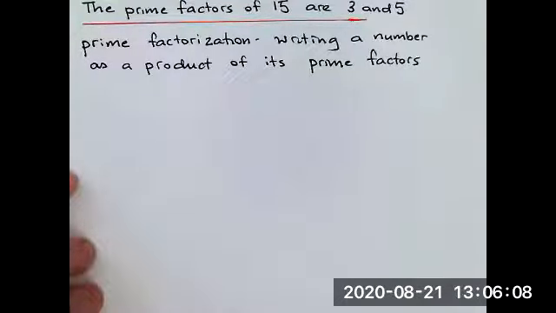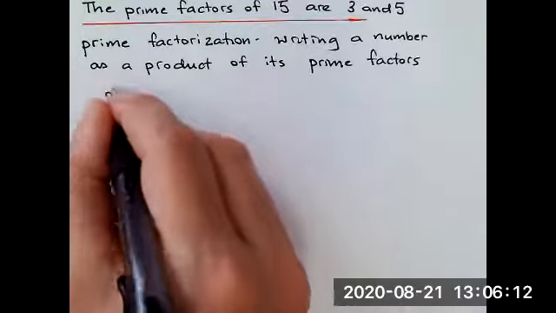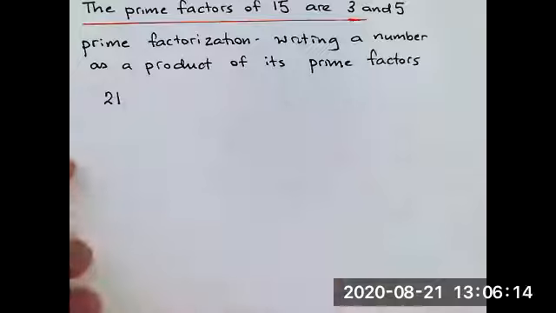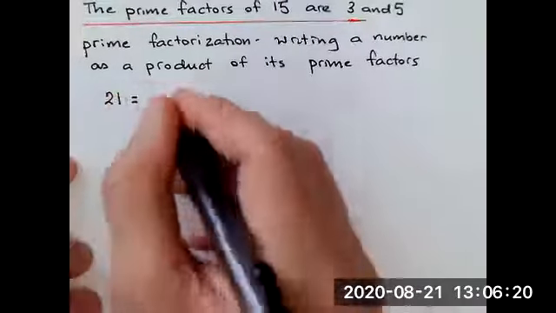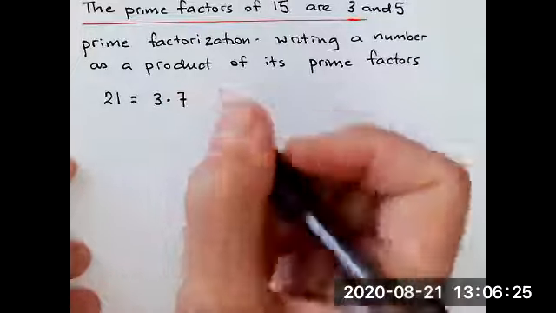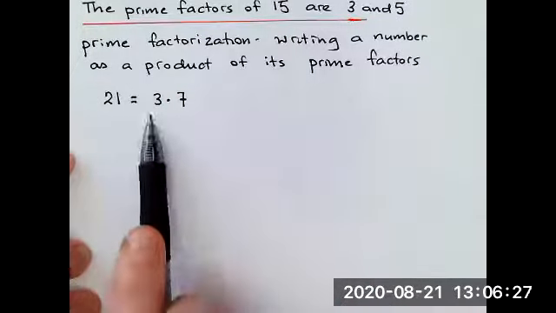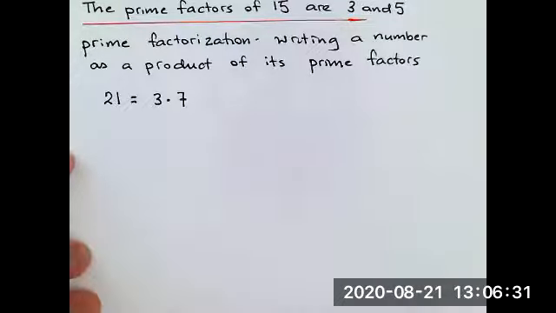Let's practice with a few examples. So 21 is a composite number. If you wanted to write its prime factorization, you'd say what goes into 21, and that would be 3 times 7. And this is the prime factorization because 3 is a prime and 7 is a prime.